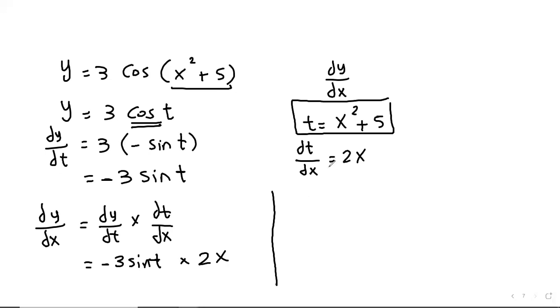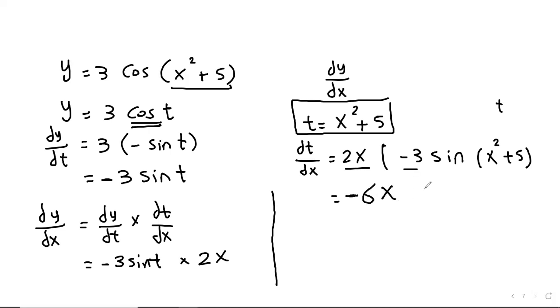So dy over dx is equal to 2x multiplied by negative 3 sine x squared plus 5. We can tidy it up. It's 2x multiplied by negative 3, so it will be negative 6x sine x squared plus 5.